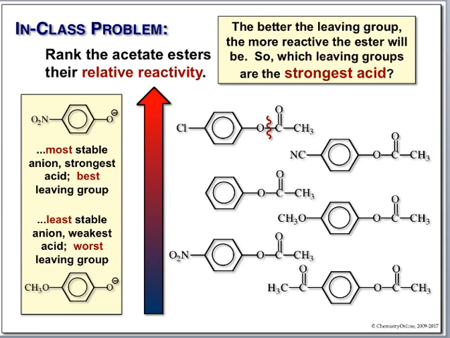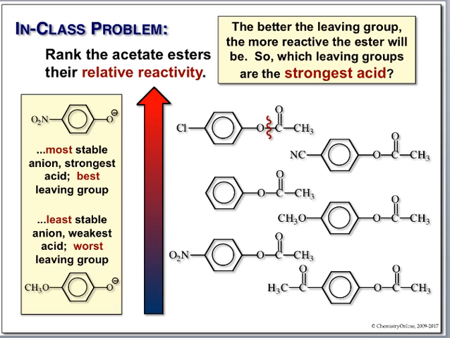Down here we have methoxy, pumps electrons in, weakest acid, worst leaving group. So once again, just look at these mentally, trying to figure out who's who would be next. This is clearly the strongest acid.